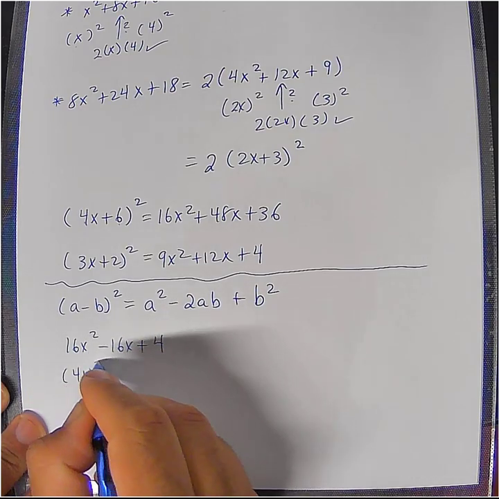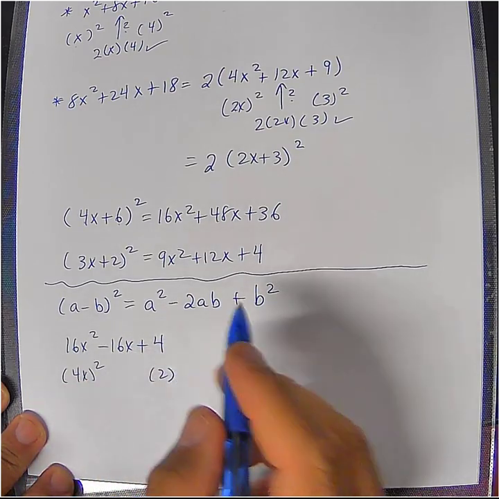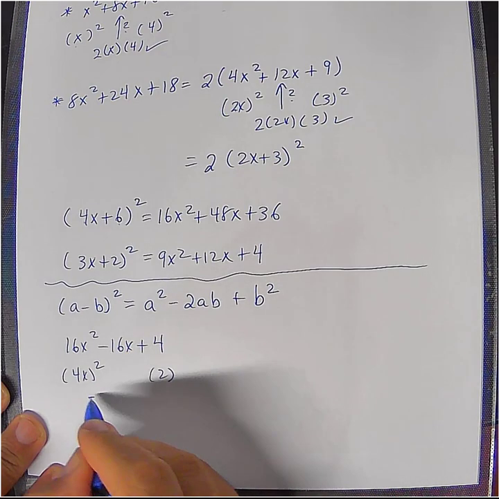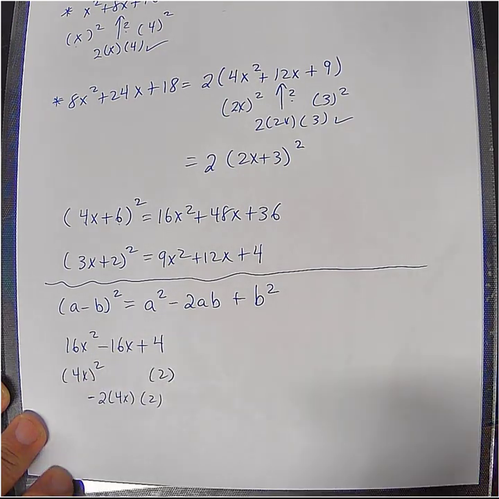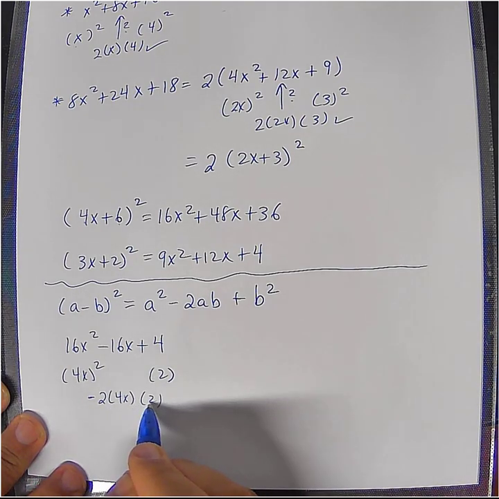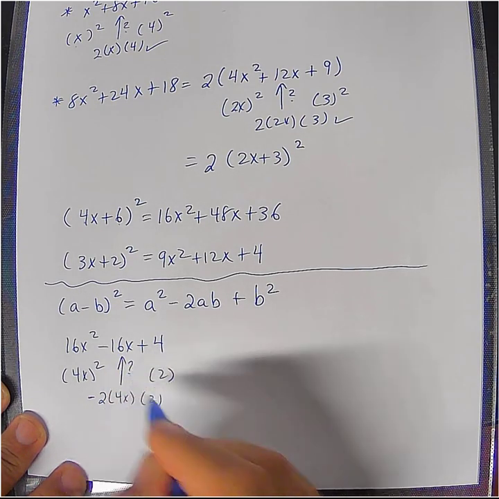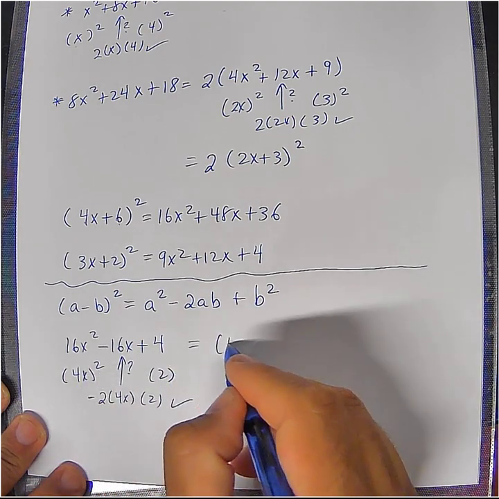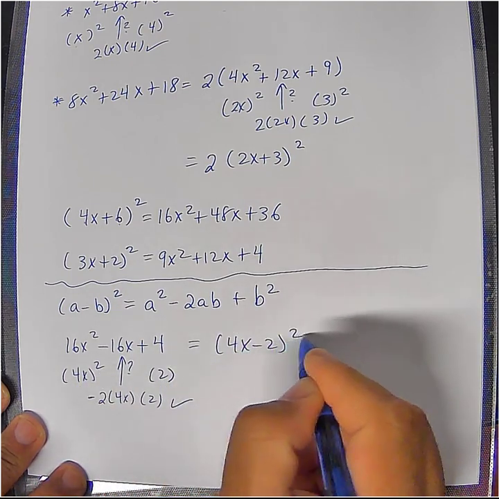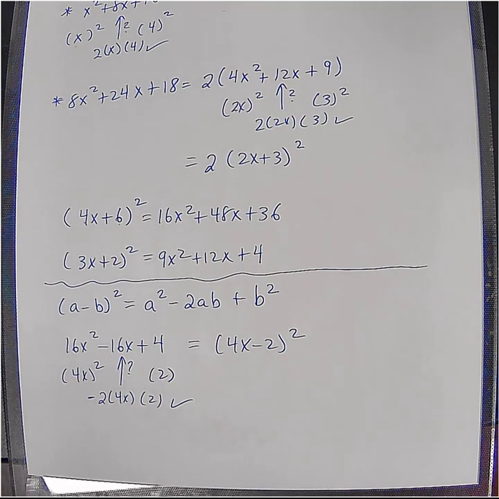This is 4x squared. 4 is 2 squared. I'm going to check now negative 2 times 4x times 2 because that's a negative there. 2 times 4 is 8 times 2 is 16x. Yes, that works out. So this is 4x minus 2 quantity squared. Okay.